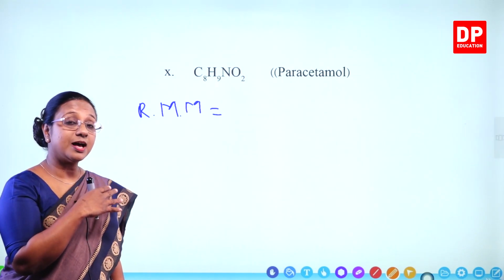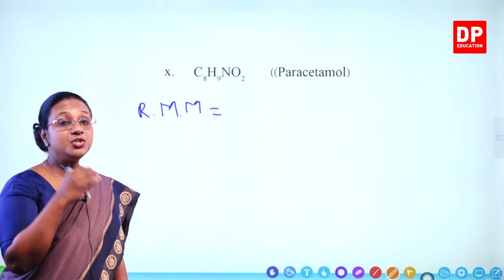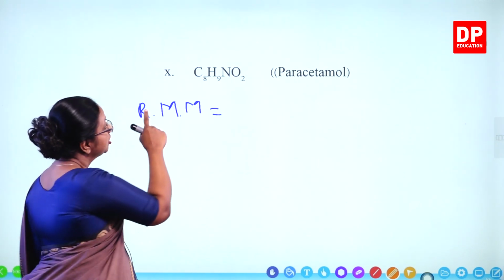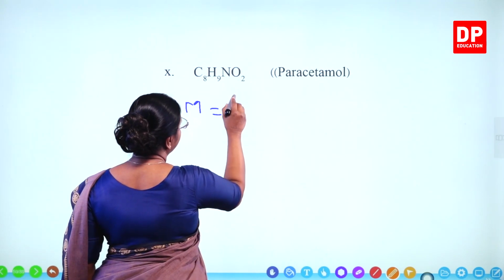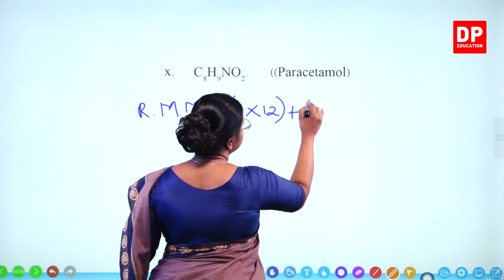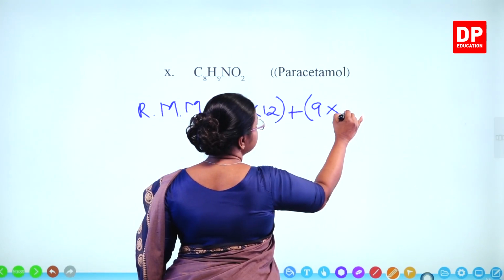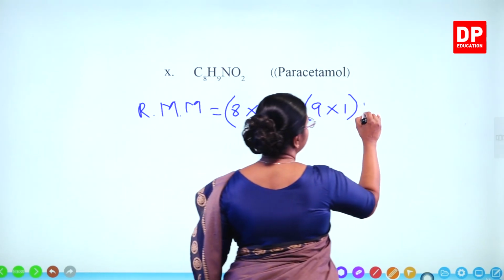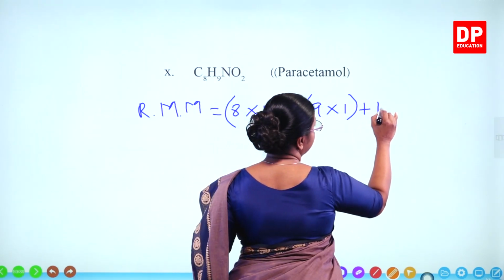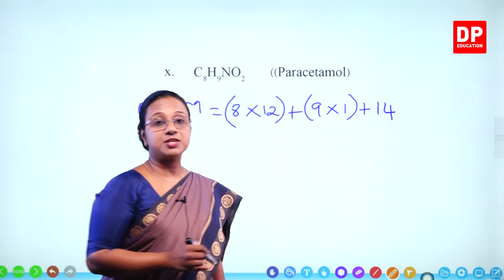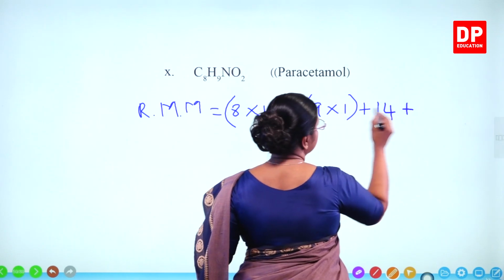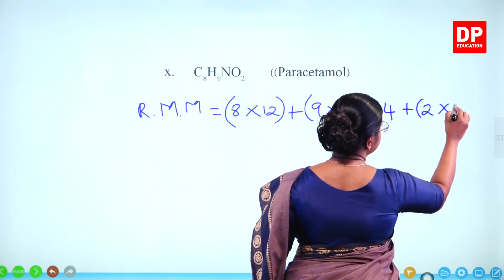But you saw in some of the compounds, you have to count the number of atoms of each element. So here there are 8 carbons into 12, plus there are 9 hydrogens into 1 and there is only 1 nitrogen.